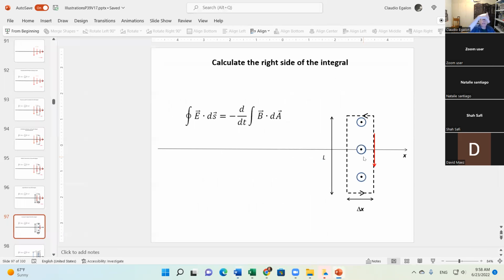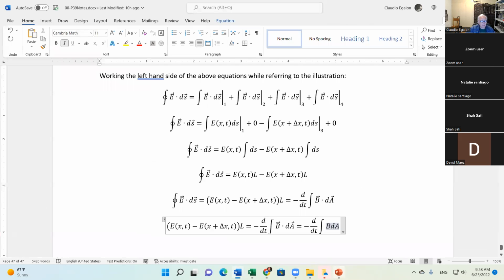We are rotating in the counterclockwise direction. The thumb that represents the area vector points in a direction parallel to the magnetic field. So that's the first step. We take the dot product, we get B dA.